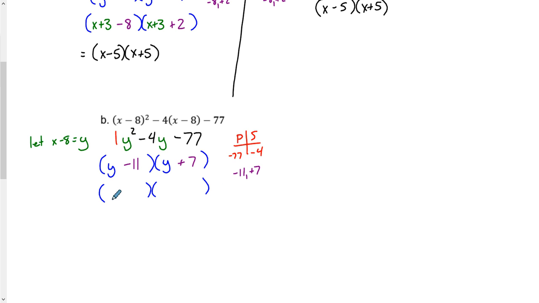So wherever I see y here, I put x subtract 8, subtract the 11, add the 7. It simplifies to be x subtract 19 and x subtract 1. And we're all done.